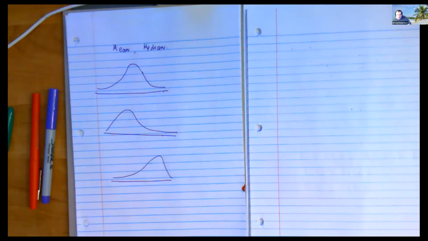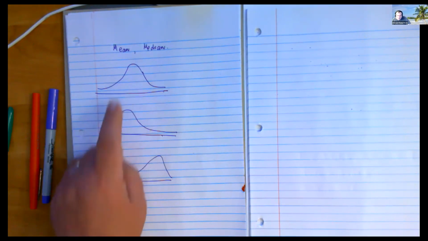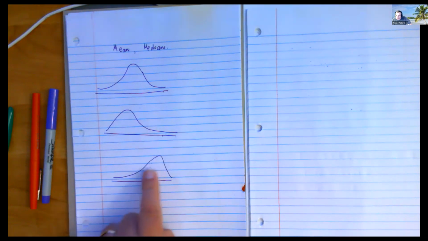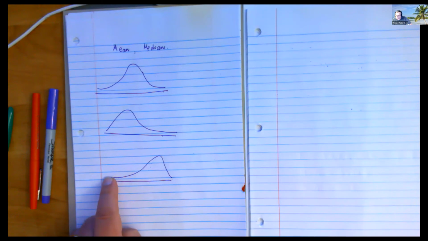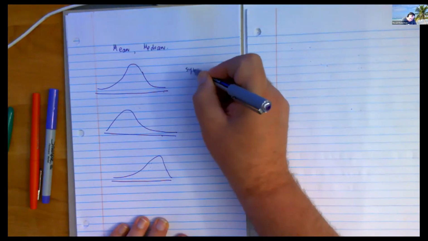Can you remember we talked about the shapes of a unimodal distribution, and there were 3 versions of it. There was a single hill. There was a single hill with a little tail to the right. There was a single hill and a little tail to the left. Remember those guys? This fella here is called symmetric.